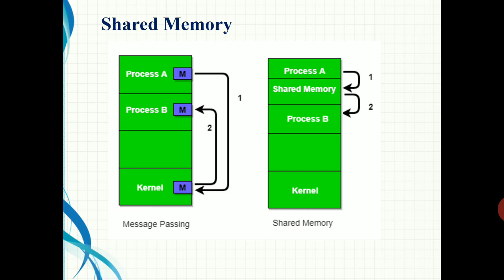So A will generate information about certain computation or resources being used and keep it as a record in the shared memory. When process B needs to use the shared information, it will check the record in the shared memory and take note of the information generated by process A. Then it will work accordingly.